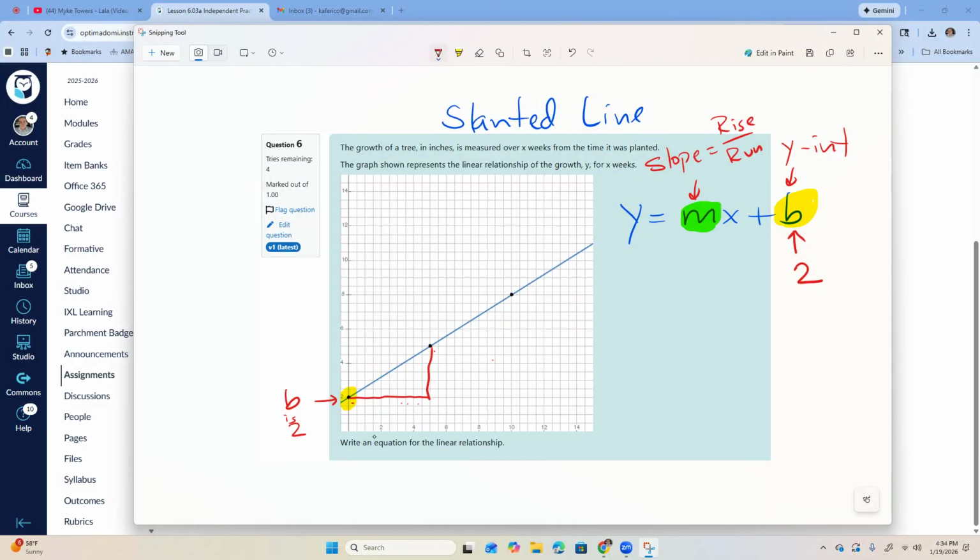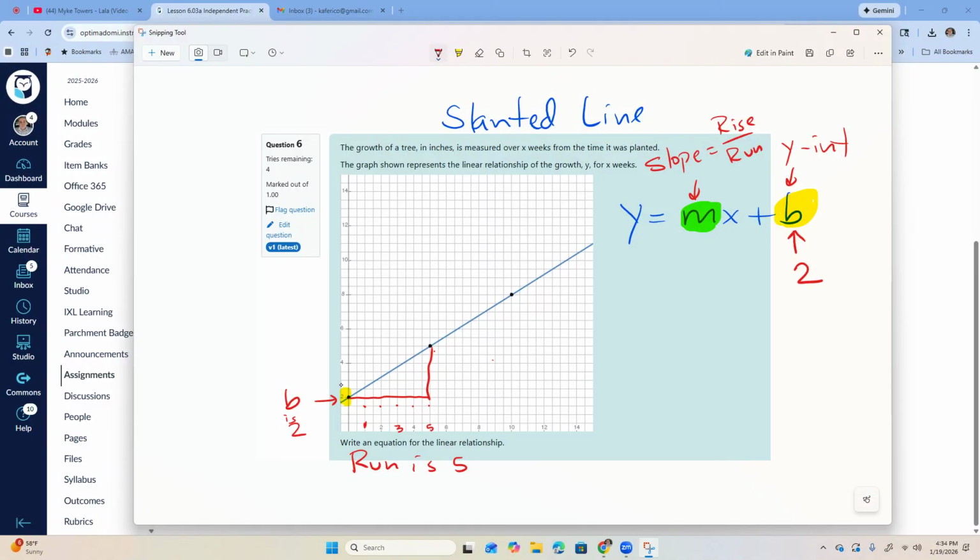There we go. Okay, and you can see that this here is 1. This here is 3, and here this is 5. Let me make sure that I'm counting correctly. So we counted 1, 2, 3, 4, 5. My run is 5.